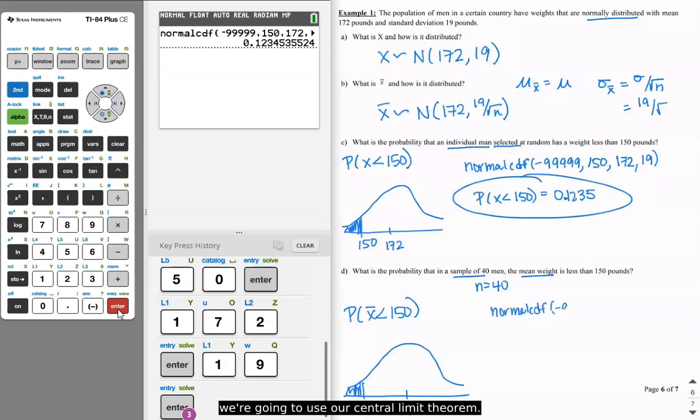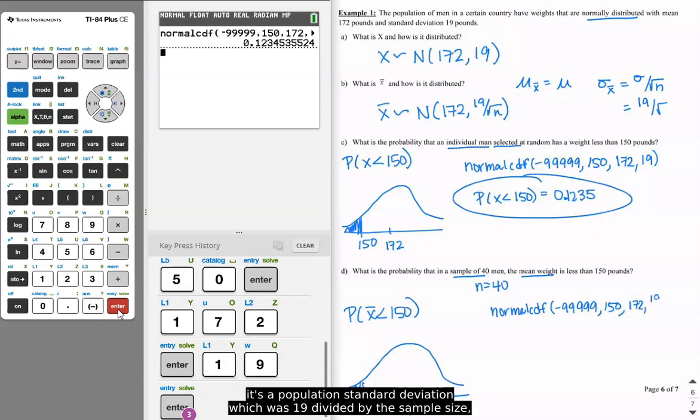So the lower and upper limits are going to be the same. The mean is going to be the same because the mean of the sample means is the same, so 172. But now my standard error is what my central limit theorem states: the population standard deviation, which was 19, divided by the square root of the sample size, which in our case is 40.